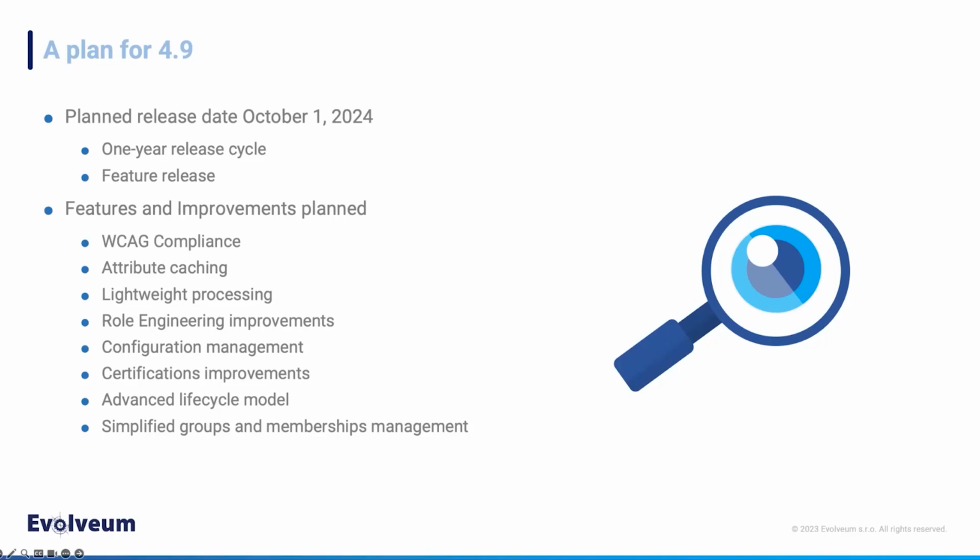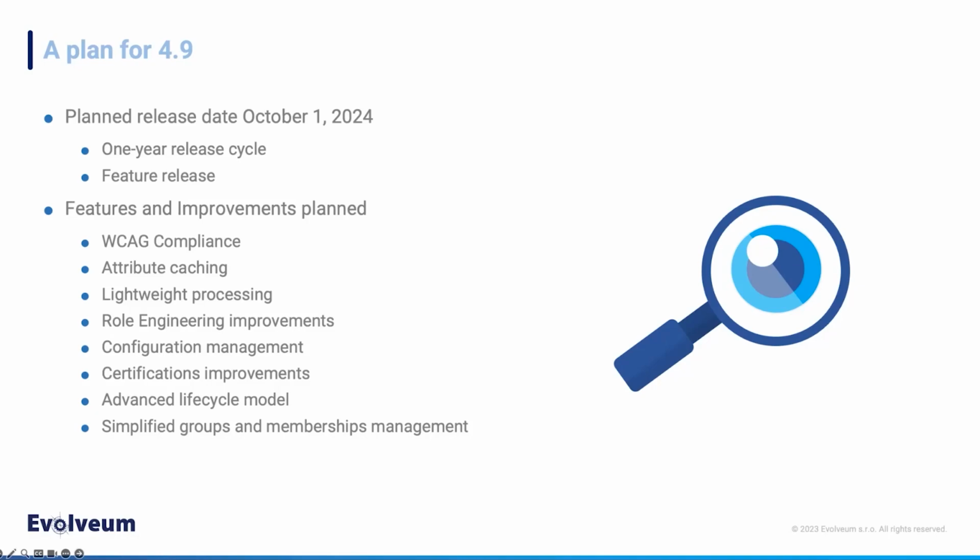You can also expect improvements regarding role engineering. More specifically, we want to continue with role mining and its better connection with the management of roles, such as creating a role and managing the whole lifecycle. Some changes are planned also to improve the support for configuration management.